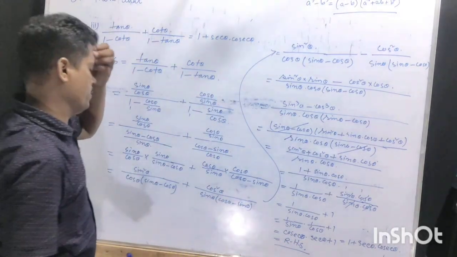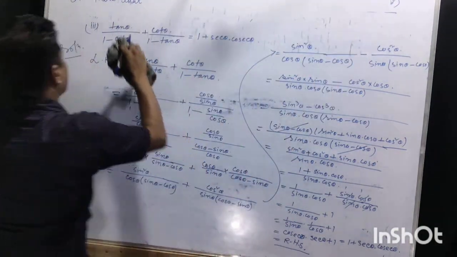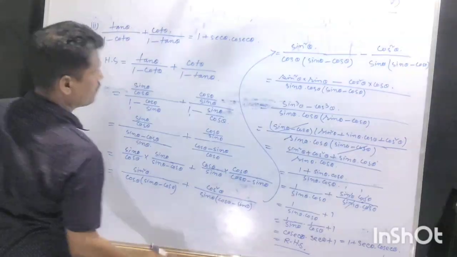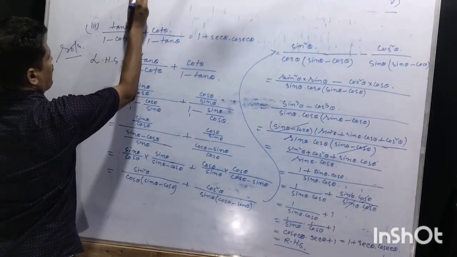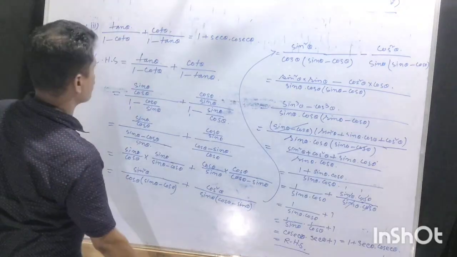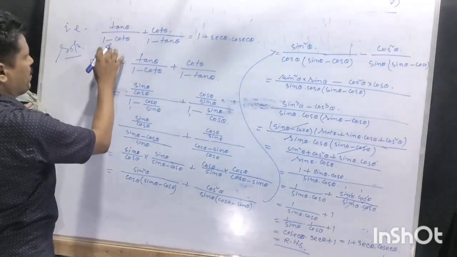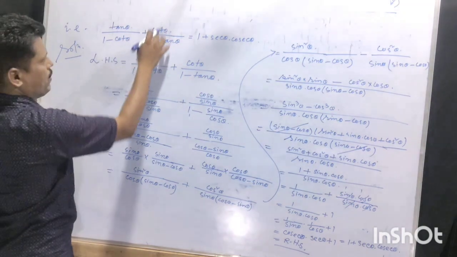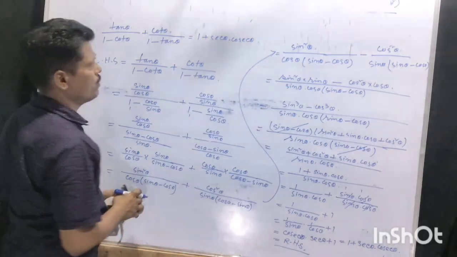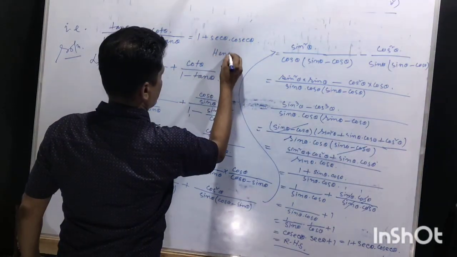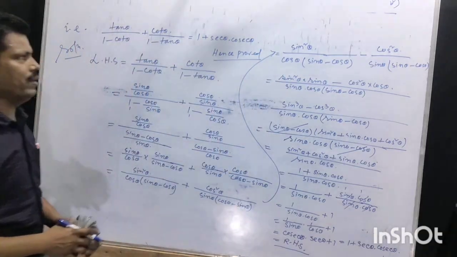That is, left hand side is equal to right hand side. Therefore, tan theta by 1 minus cot theta plus cot theta by 1 minus tan theta is equal to 1 plus sec theta into cosec theta. Hence proved.